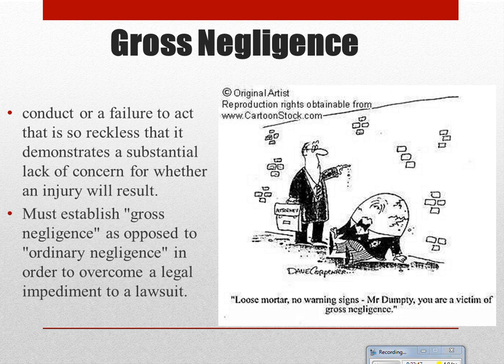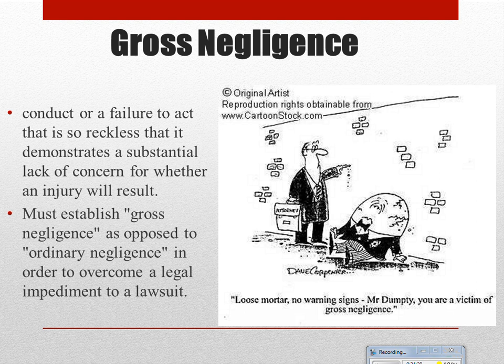Ordinary negligence would be the examples that you guys gave. Hitting a ball, and it is an accident situation. Yes, you could see how running around a pool, you might slip and fall and get injured, or running a stop sign, that kind of thing. However, gross negligence is when it's a substantial lack of concern, and we have to separate the two.